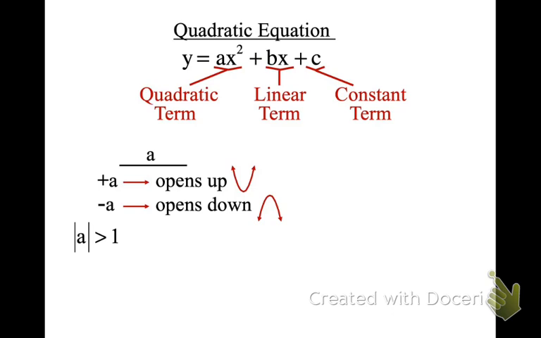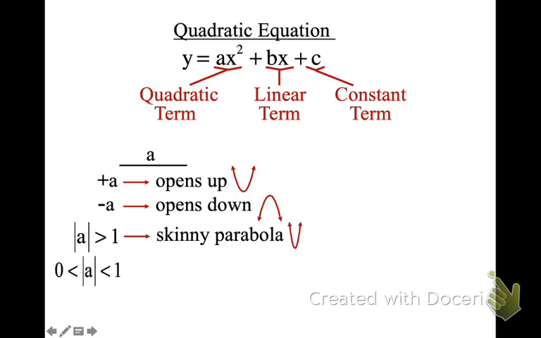It made the parabola or the v narrower or skinnier. So if the number is greater than 1, it makes it skinnier than the parent function. If it is less than 1 but greater than 0, not negative, because negative just turns it upside down, and positive turns it right side up. But if this is a fractional amount, less than 1 but greater than 0, it makes it a wide parabola.